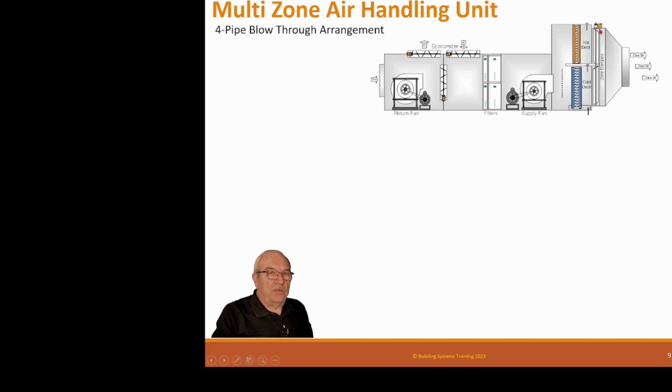So as the actuator up here rotates this between full open, when this is full open, this is full closed, and when it modulates, it modulates between the two until you're exactly the opposite. This one's full open and this one's full closed. So that's what's called a multi-zone. It's a 4-pipe. Other than that, this unit here is exactly the same.